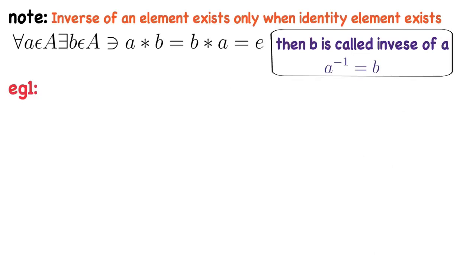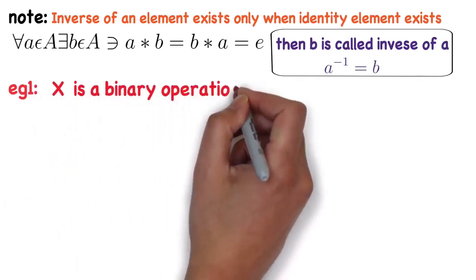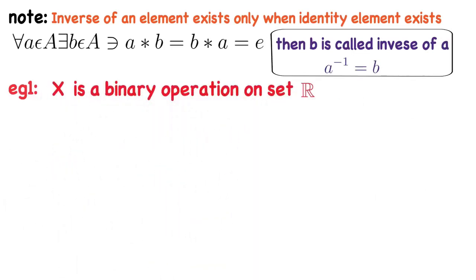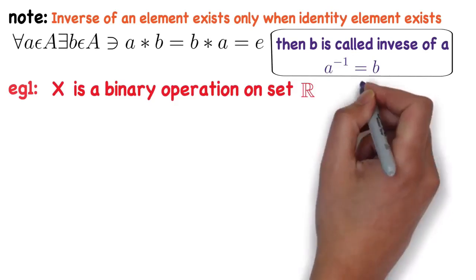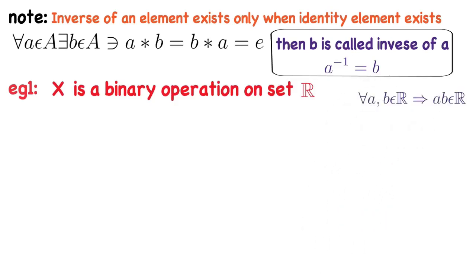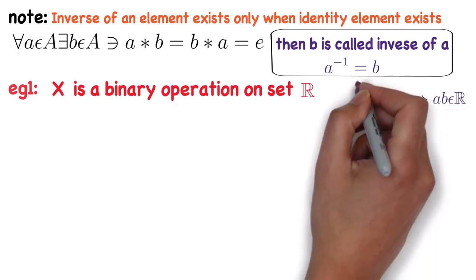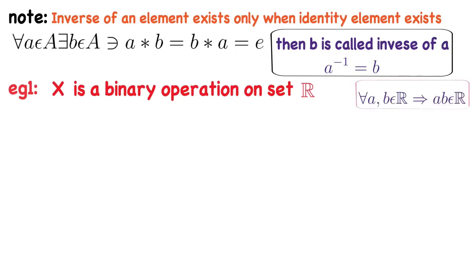Try to understand this with an example. Multiplication is a binary operation on the set of real numbers. Is it true? We'll check. You take any two real numbers. The multiplication of two real numbers is again a real number.